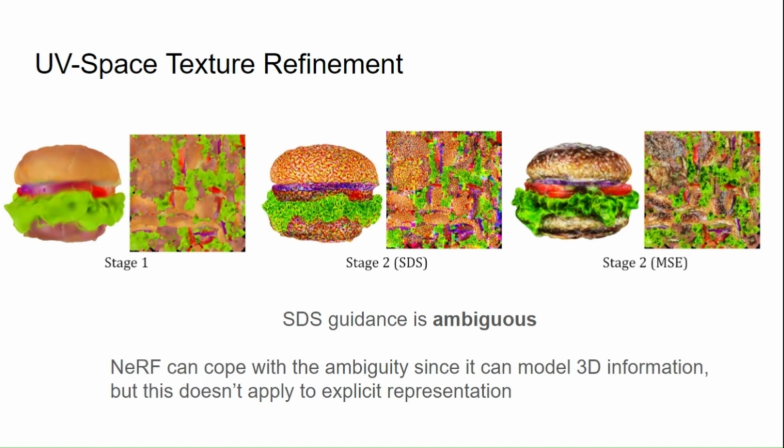These weird texture patterns are due to the nature of SDS guidance being ambiguous. This ambiguity in the original DreamFusion paper is handled by NeRF, since NeRF is a model and can embed rich 3D information in it. But when it comes to texture, it couldn't really handle the gradient.